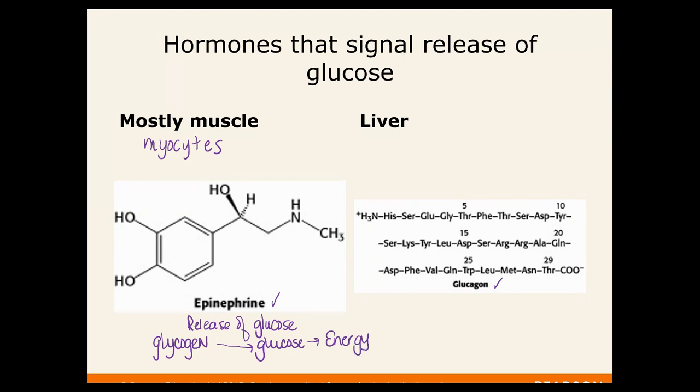So in the muscle, glycogen is the storage of glucose, and we'll talk more about that next section, but it's going to break down into glucose that we can utilize for energy. Okay, in the liver, it's glucagon that will do that. Glycogen is also stored there and is mostly stored in the liver.